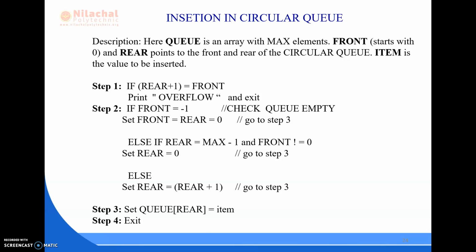Here queue is an array with size max. The front and rear point to the front and rear of the circular queue. The front always starts with 0, and item is the variable name for the value that we need to insert in the circular queue.